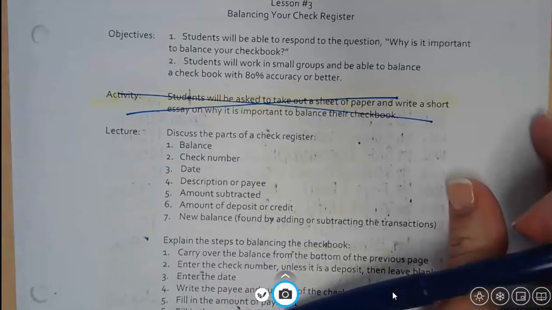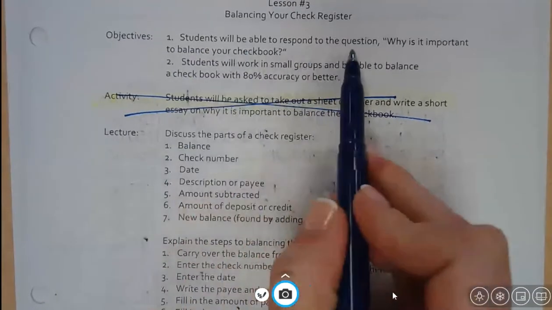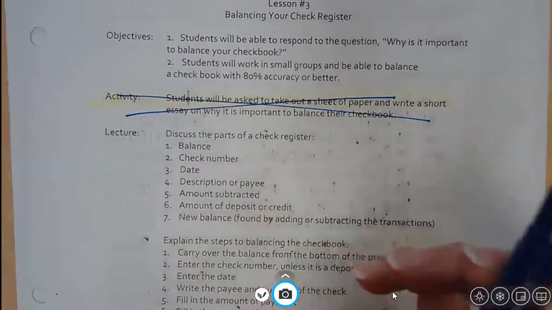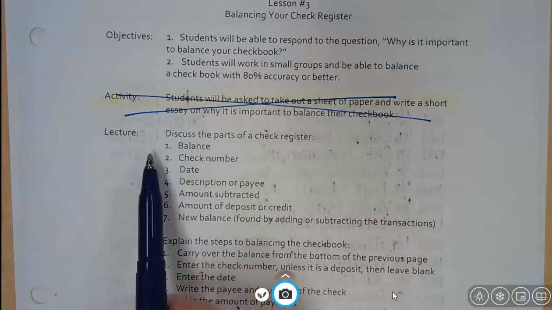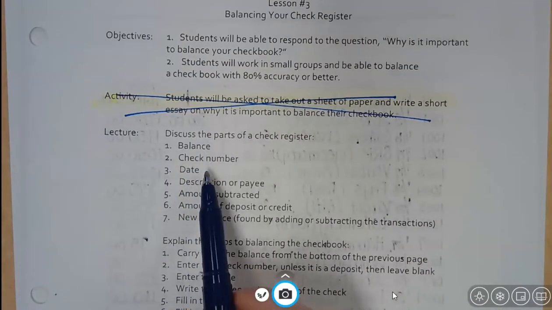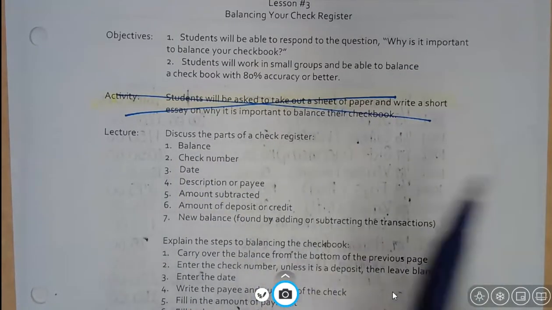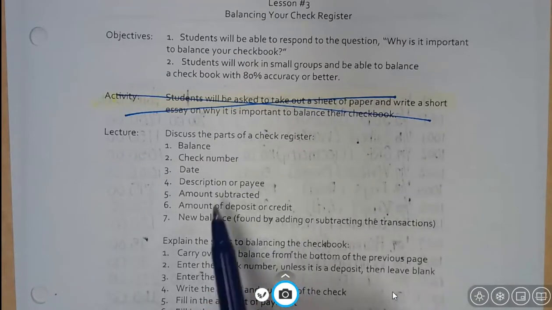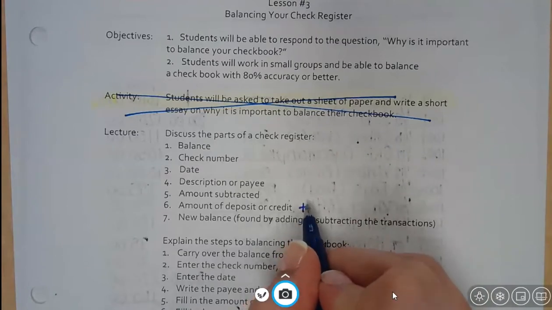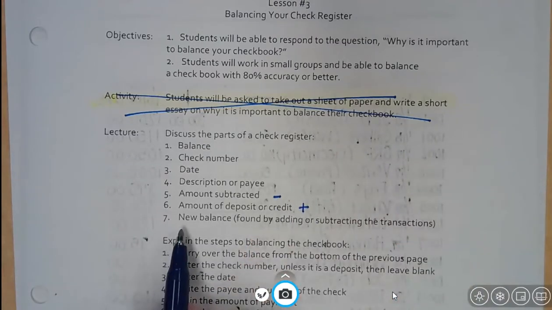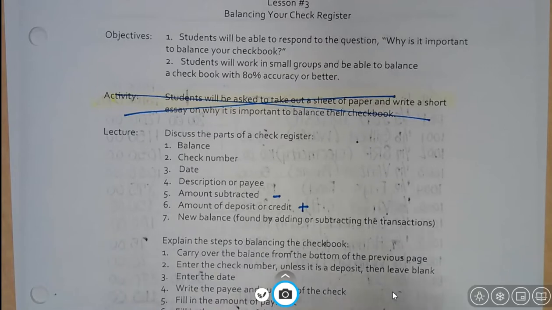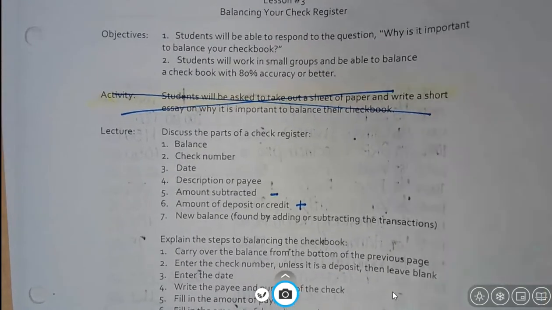Okay, so you should have directions on the front of this, and it says you will be able to respond to the question, why is it important to balance your checkbook? Throughout this, we're going to talk about the balance, the check number, the date, the description, the amount you subtracted, the amount of the deposit or credit, which would be an amount that you would add. And then the new balance that you can find by adding or subtracting the transactions.